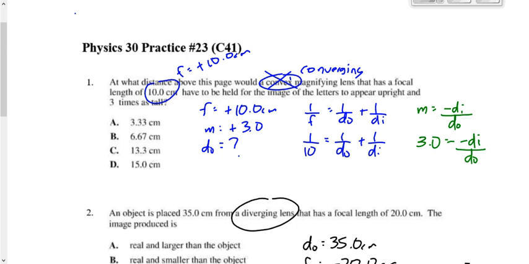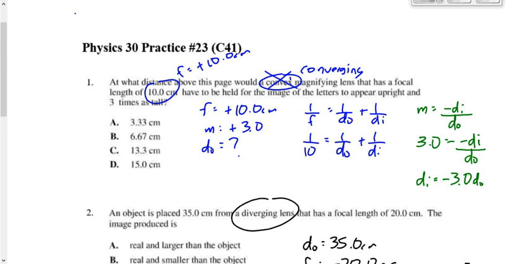What do you learn in math class? When you have 2 unknowns, you just happen to have 2 equations with the same 2 unknowns. Let's do a little substitution. Let's rearrange this to solve for DI. DI is equal to, take the DO up by multiplying, I get negative 3 DO. Does that make sense?